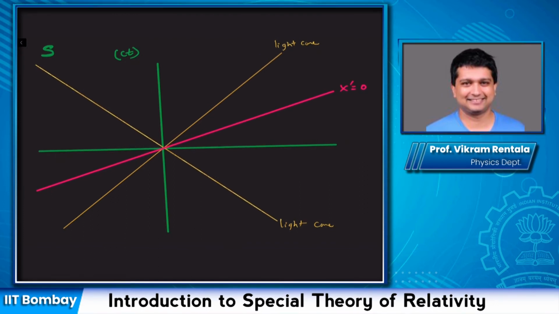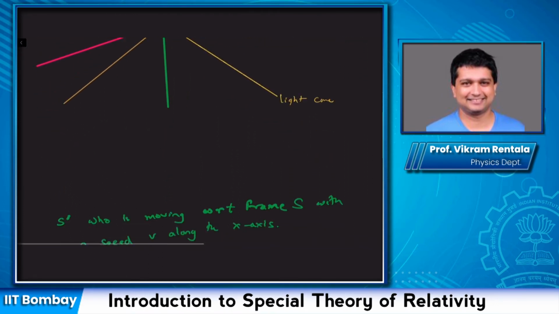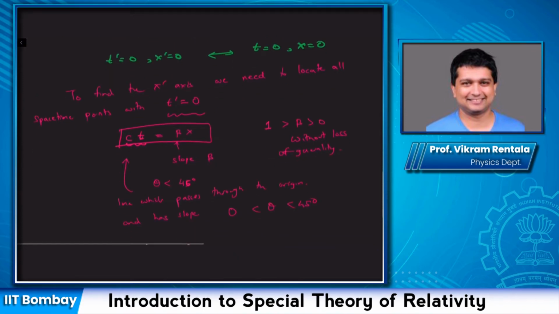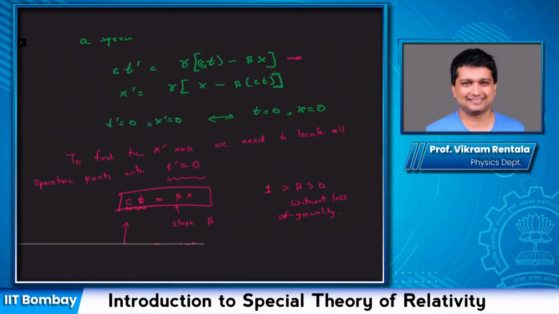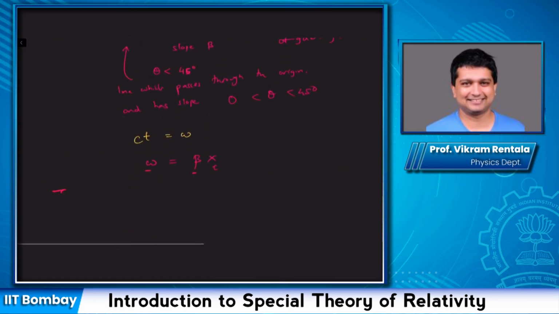Now similarly, we can locate our t prime axis by finding all points with x prime equal to 0.